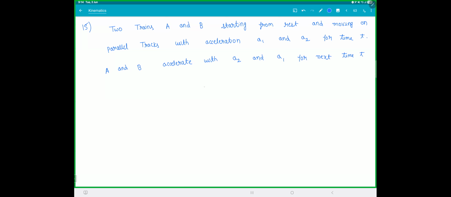Think of it like this: for the first 1 hour, A is going with 2 meters per second square, B is going with 3 meters per second square. Next 1 hour, A goes with 3 and B goes with 2. You're getting it? For the first time t, you go with A1 and A2. Second time t, you go with A2 and A1. You interchange.